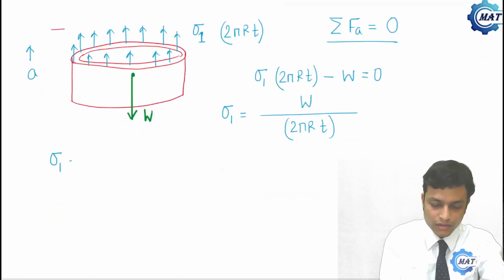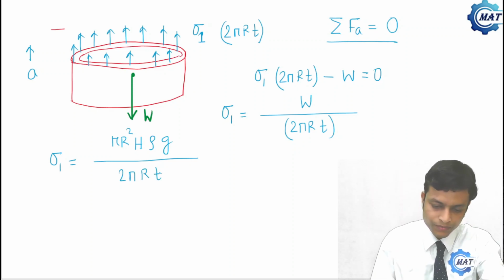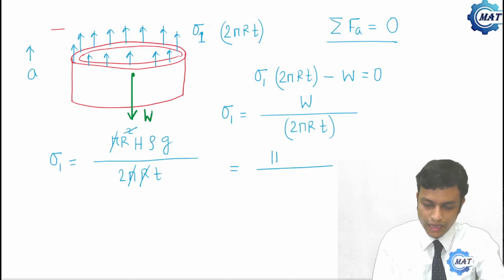So what is sigma 1? The weight of the liquid is pi r square into the height of the liquid, say capital H, into rho into g, divided by 2 pi r t. So pi r cancelled, that is H rho g by 2t.